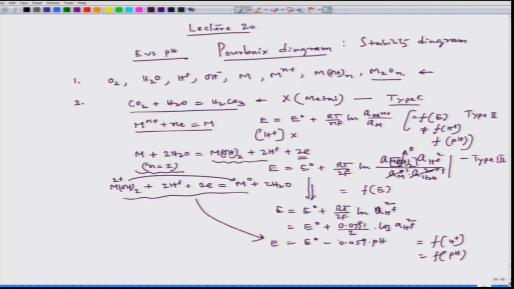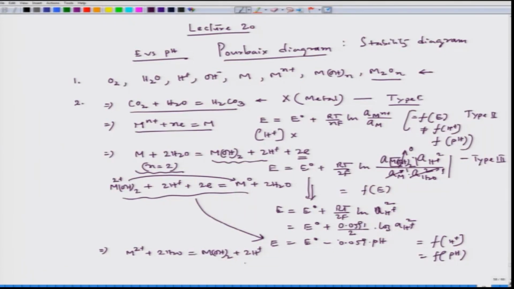Now, we have one more reaction that is also possible, where let us say this is 1, this is 2, this is 3. Now, we have one more, which is M2+ + 2H2O going to M(OH)2 + 2H+.